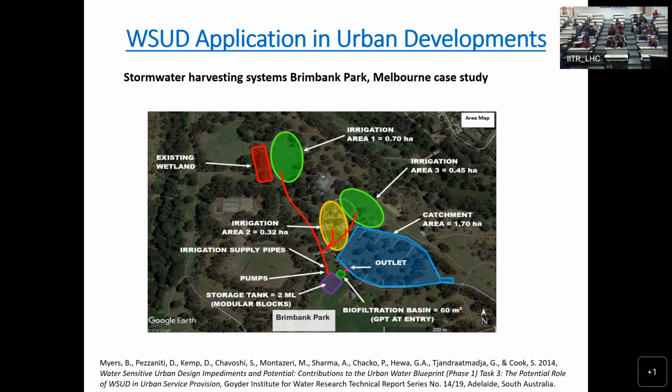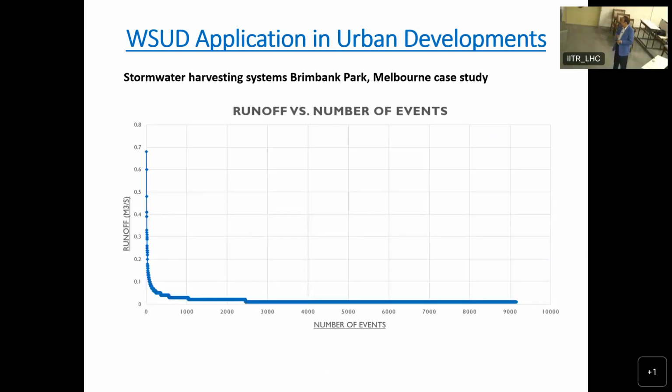So what we did, we used this EPSU model and plotted a graph, runoff in meter cube per second against the number of rainfall events. That was for 9 years of daily data. We got a plot like this for around 9,000 events.